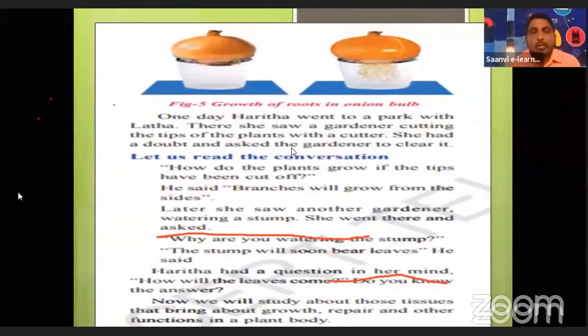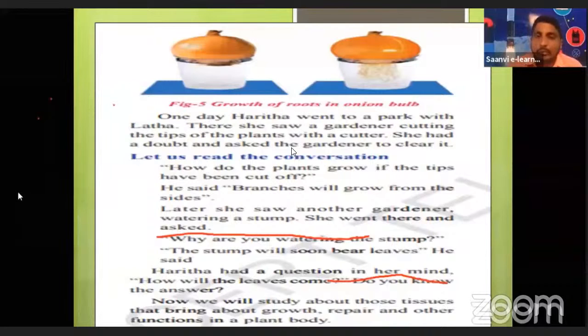Next, here we have an interesting conversation about a plant. So please concentrate and look at the screen, all of you. One day Harita went to a park with Lata.